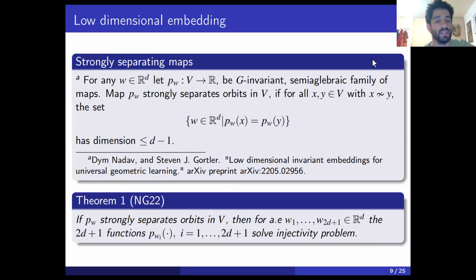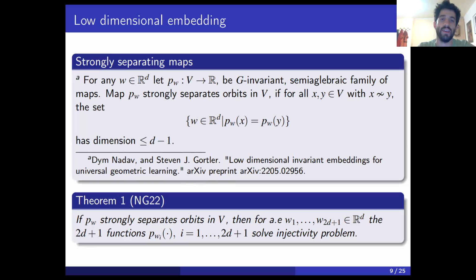And this is a very interesting result, because we see that the number of vectors we need depends only on the dimension of the space. It's 2 times the dimension plus 1. And it does not depend, for example, on the cardinality of the group. And that's good, because the cardinality of the group can be big, for example, like n factorial or d factorial.